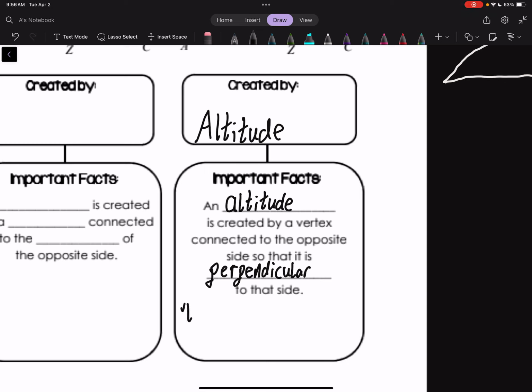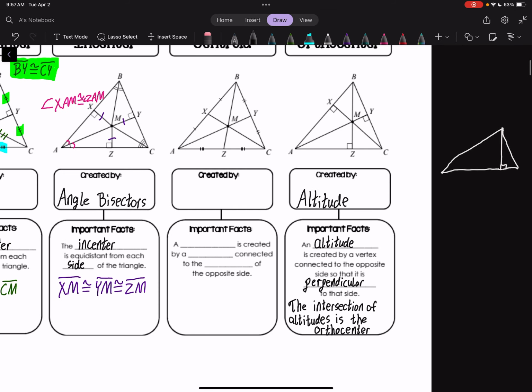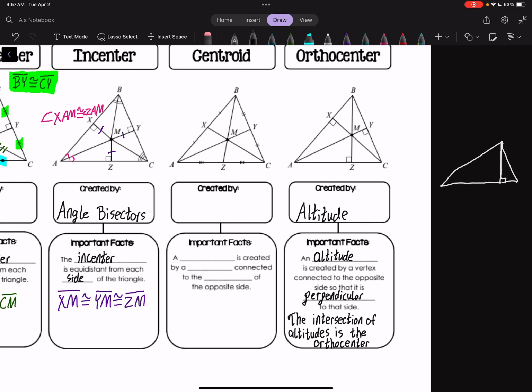The intersection of altitudes is the orthocenter. Okay, done for that one.